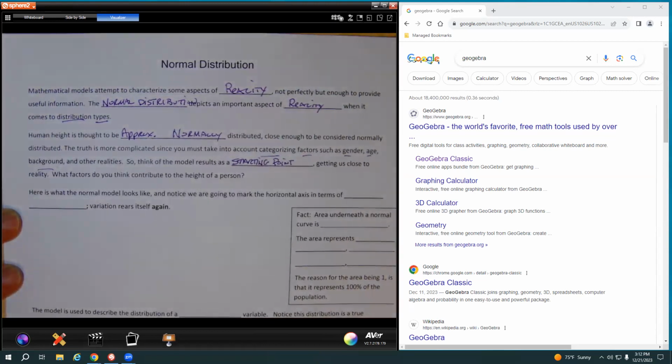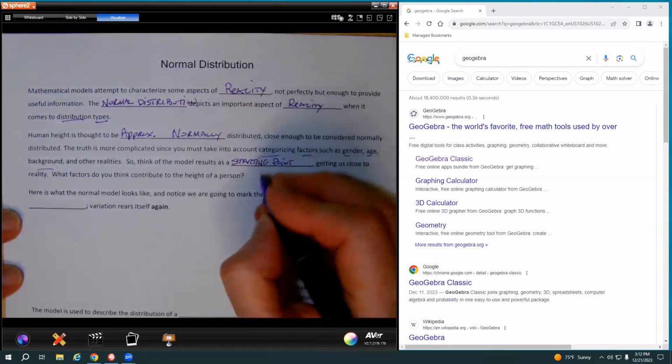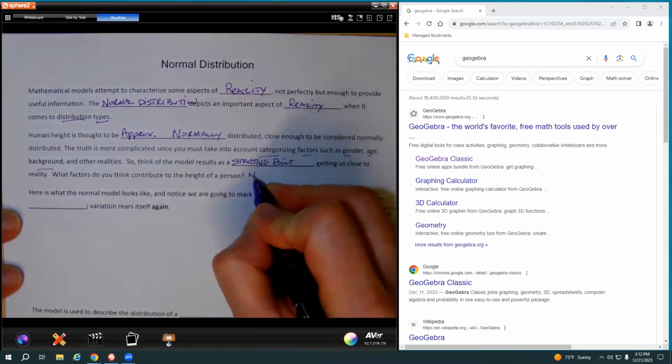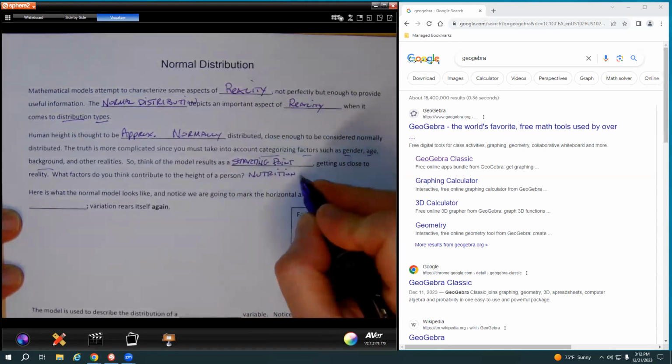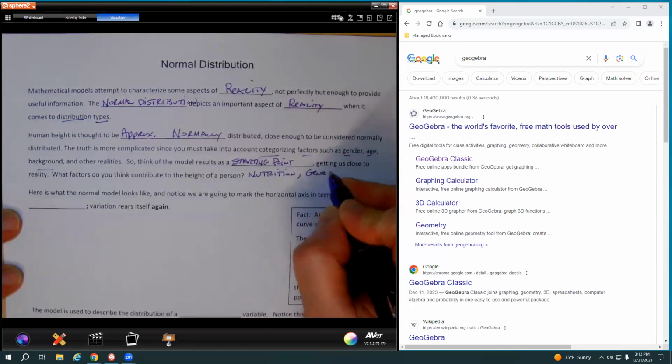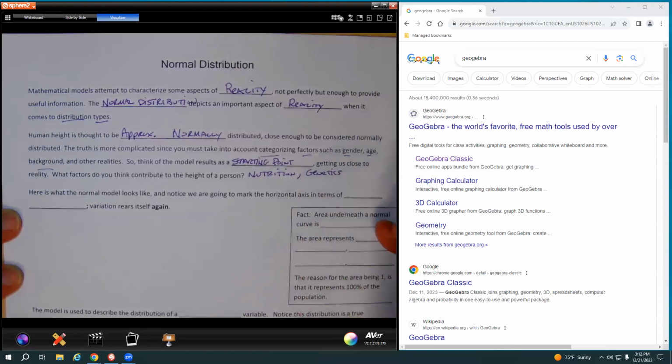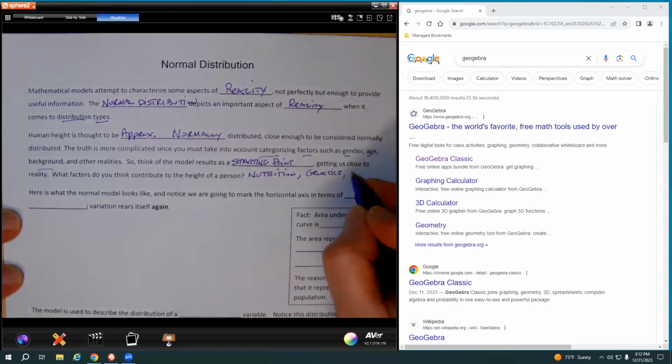For example, what factors do you think contribute to the height of a person? Well, one thing that comes to mind is nutrition, genetics, health, which is part of it's a combination of things.